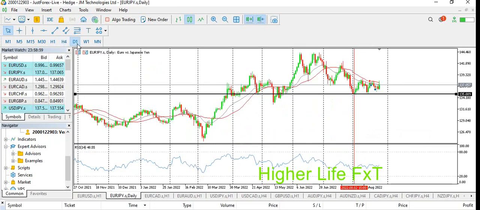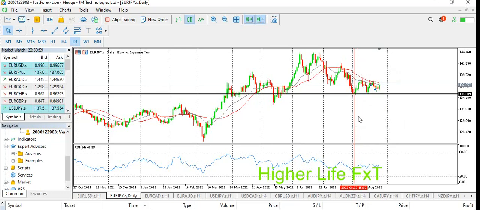When we switch to a higher time frame, we can see that indeed we are in an area of support. This red line here, I put it so that we may be able to see where the price was when we switch time frames.